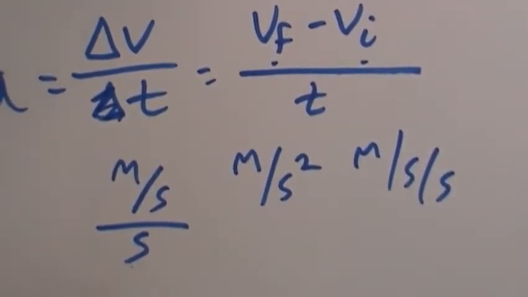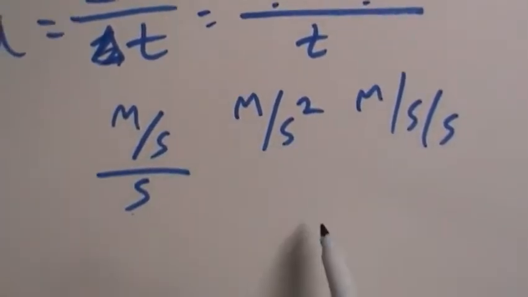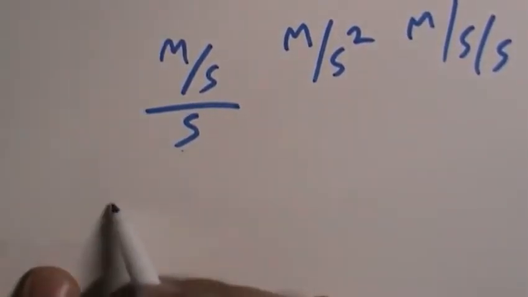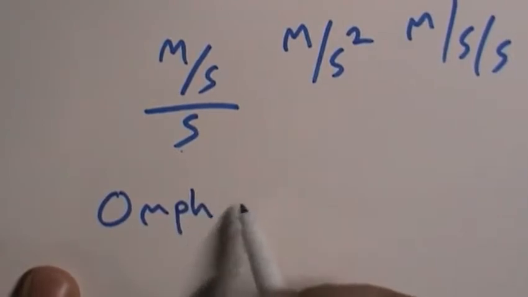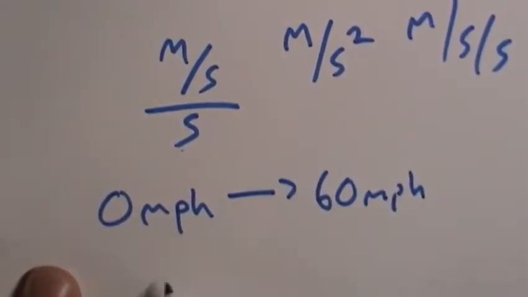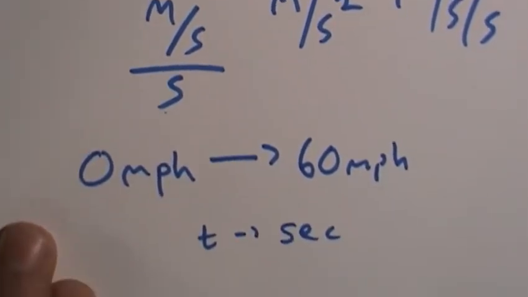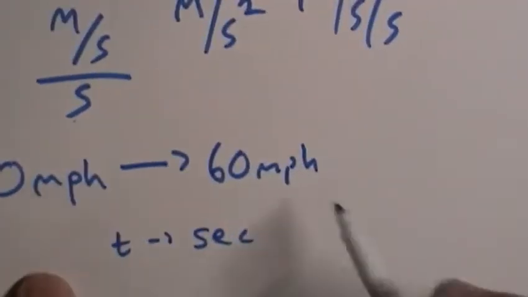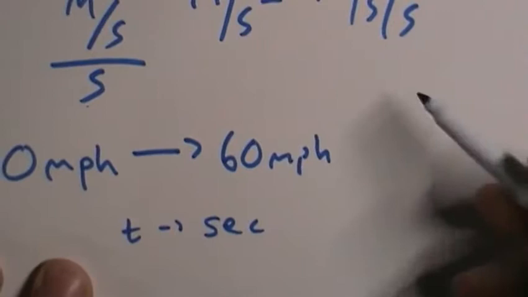Or, in the case of a car, for example, you're interested in acceleration from 0 miles per hour to 60 miles per hour in a period of time that's measured in seconds. Okay? If your car takes hours to accelerate, then it's got some serious problems. So the units for acceleration here become a little weird.